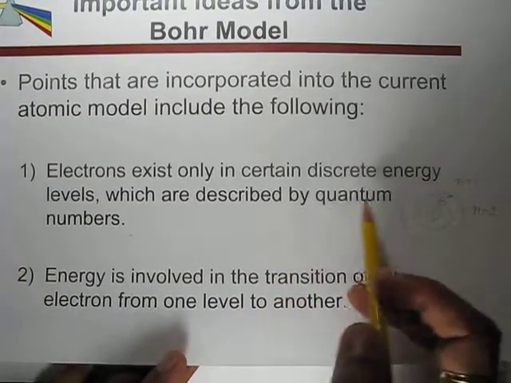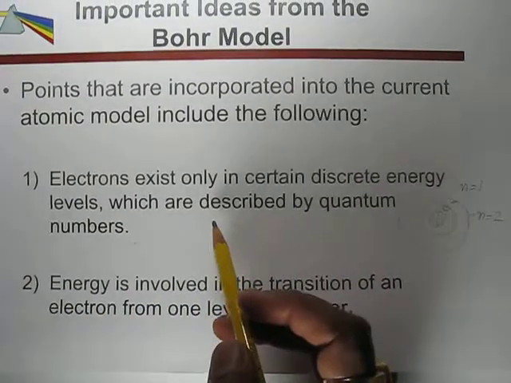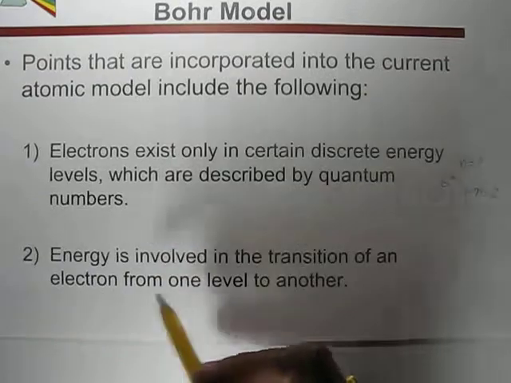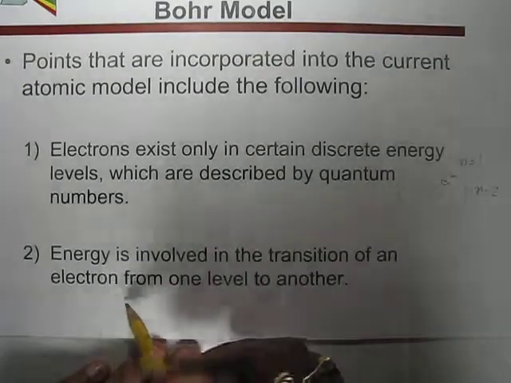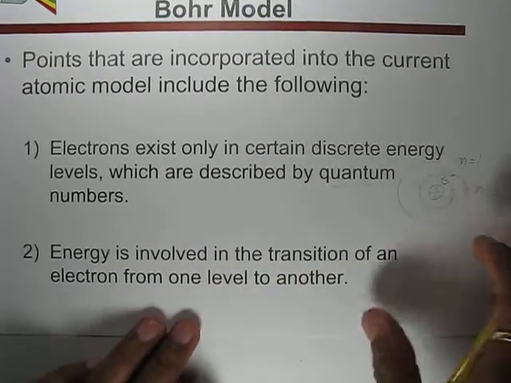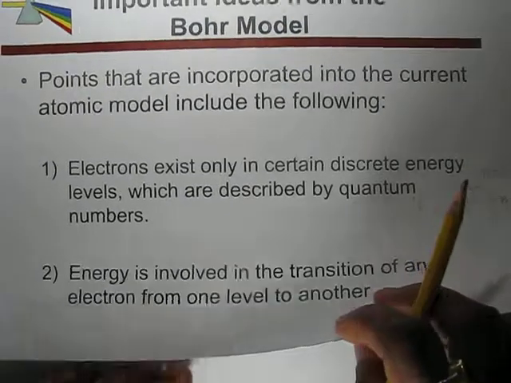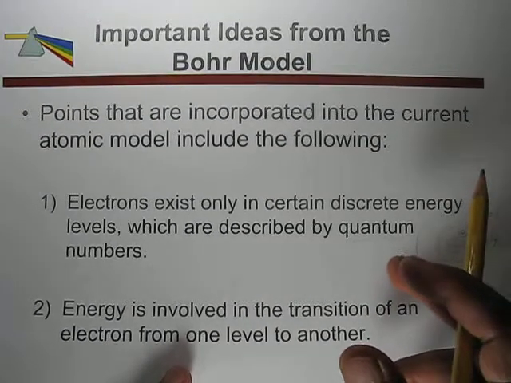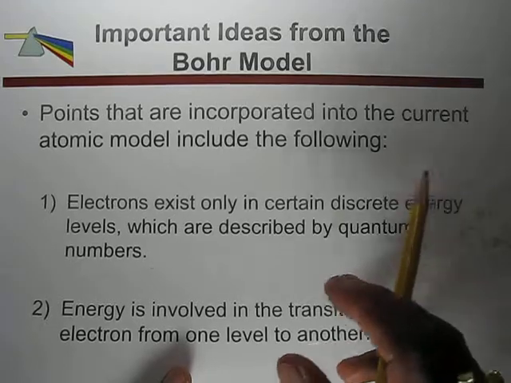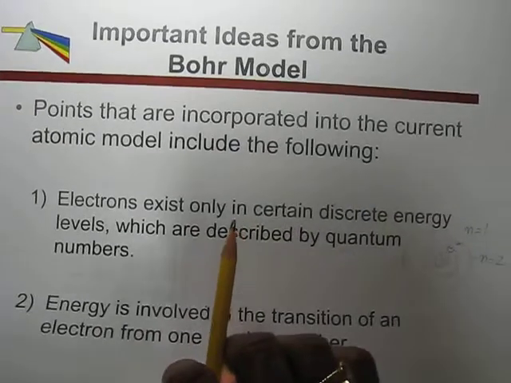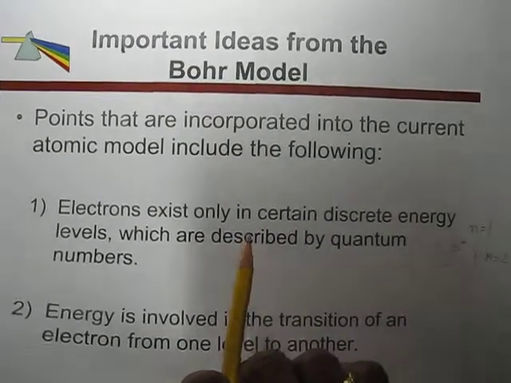They have discrete energy levels, meaning fixed energy levels, and energy is involved in the transition of an electron from one level to another. So these two points were considered when modern quantum mechanics theory was established.